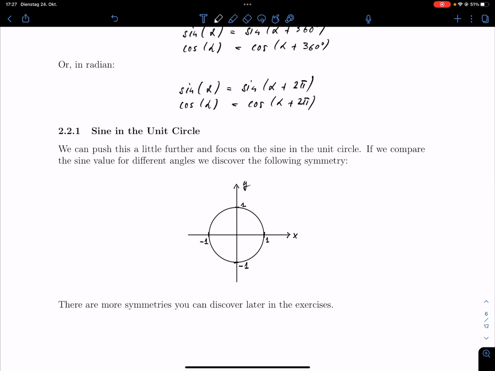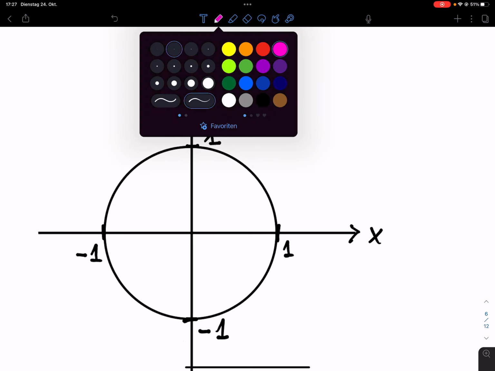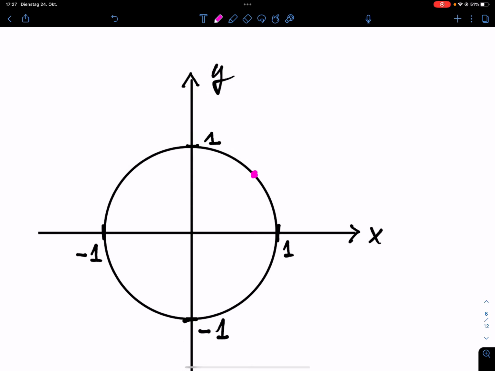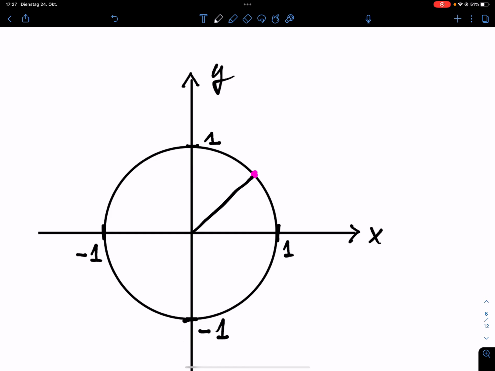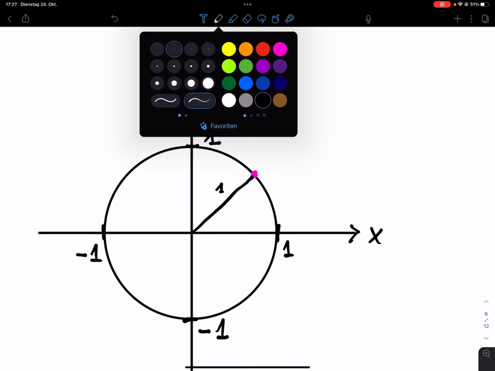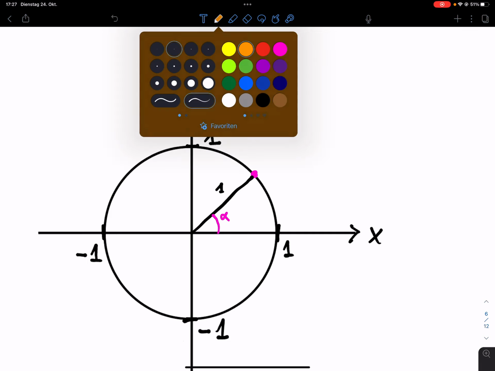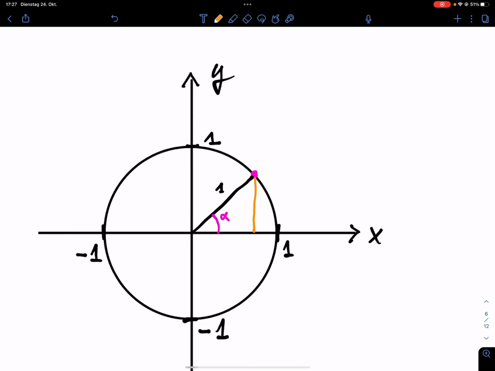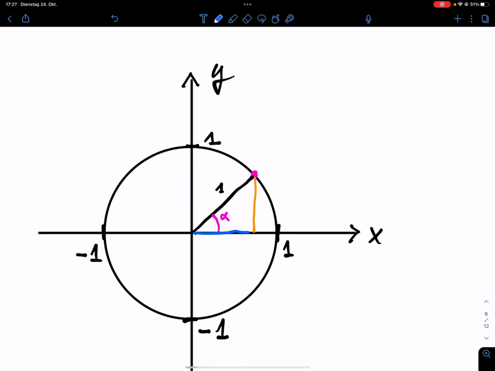What I mean by that, if we look at the sine, so again, I take here a point. Let's do the same thing as before. You connect this one here, 1. We have our angle alpha that corresponds to our point, and we have our vertical sine of alpha and our horizontal cosine of alpha.